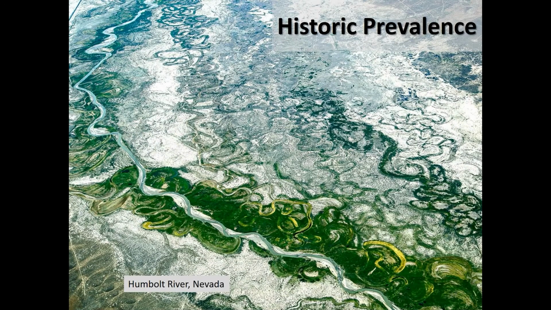So we don't have a lot of time to go into historic prevalence, and I'm happy to visit with anyone later or after the workshop to go over more examples that back up this historic prevalence idea. But where we find stage 0 now is in some kind of oddball places. And this one here is the Humboldt River, which is a beautiful example of a stage 0 river valley that's quite extensive.